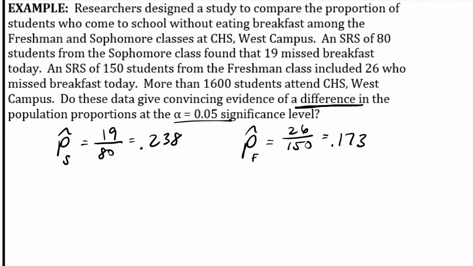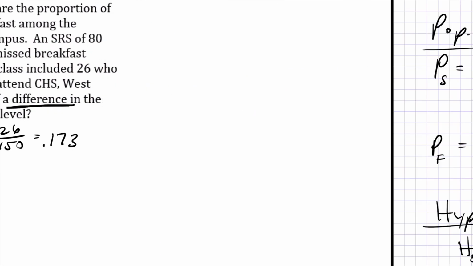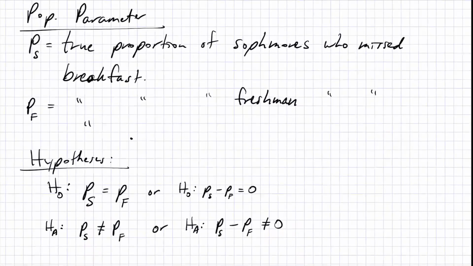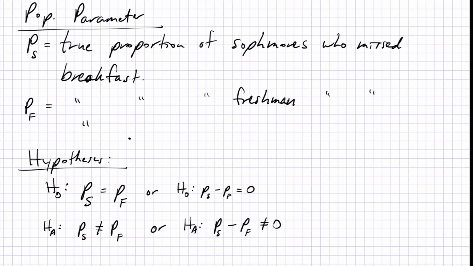I don't know. 0.238 and 0.173. Is that a big enough difference to be significant? I have to continue with the test. But if they were asking for insight, I would say the sample proportion of sophomores who missed breakfast is higher than freshmen. They will throw that in sometimes, if they just want you to take a look before you actually run the test.